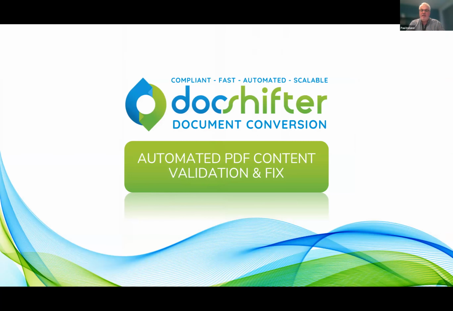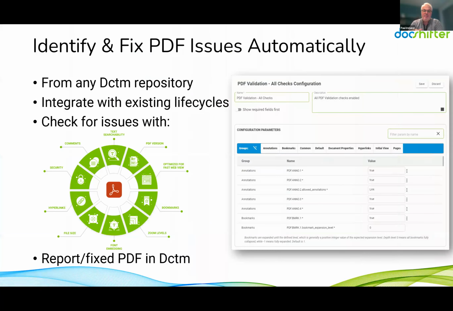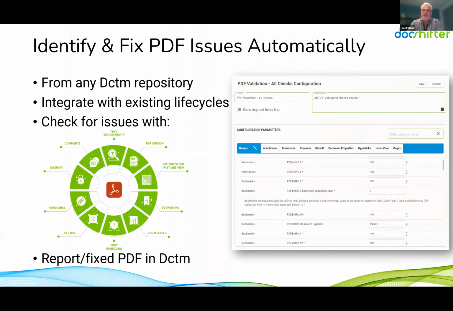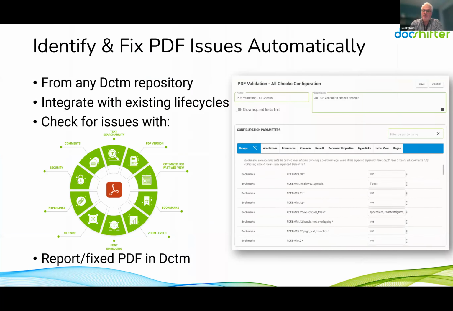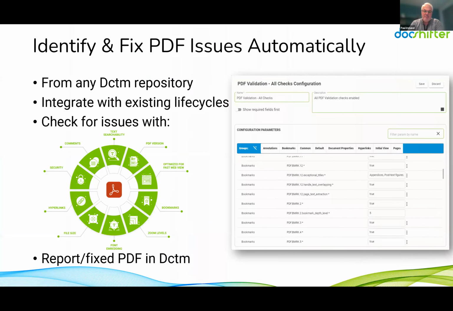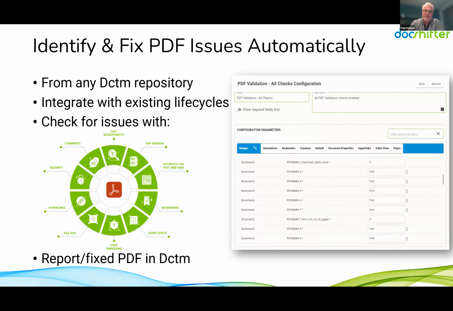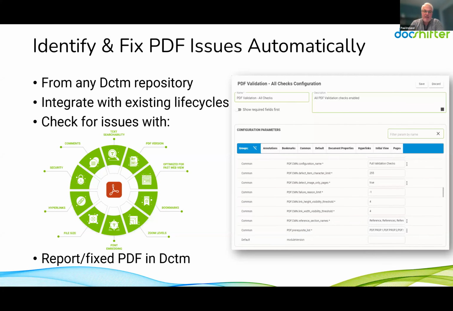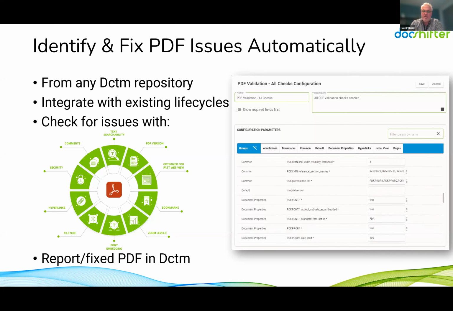In terms of automating your PDF validation, once you've got PDFs, you obviously also want to validate them and make sure they're ready to be included in a submission. So the same kind of thing, we can then perform checks on things like the PDF version, issues with bookmarks, hyperlinks, your initial view settings, whether font embedding has been performed the correct way, comments not included, and so on.